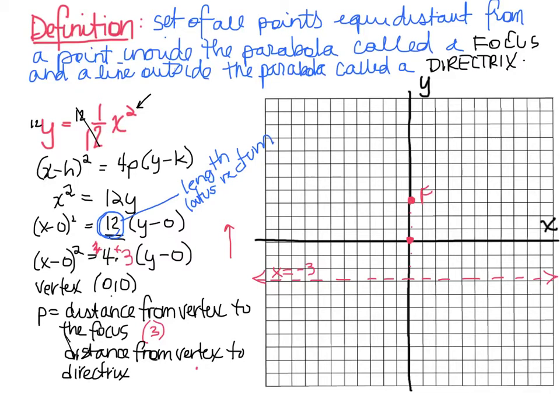So if the length is 12 from the focus, I'm going to go 6 this way to the right, and I'm going to go 6 to the left. This distance from here to here is 12, and those are the points that I would use to create my parabola.